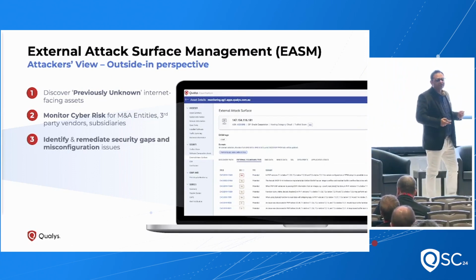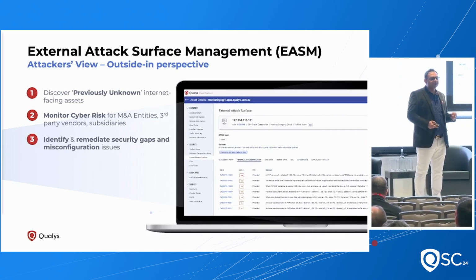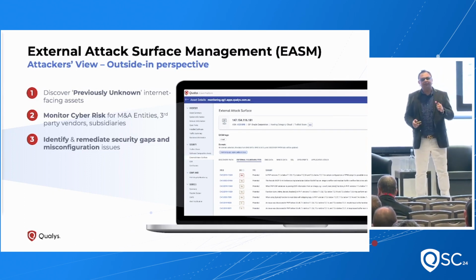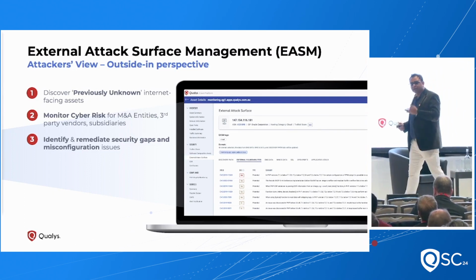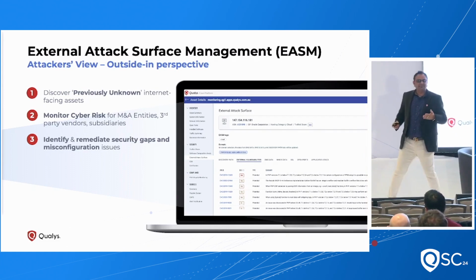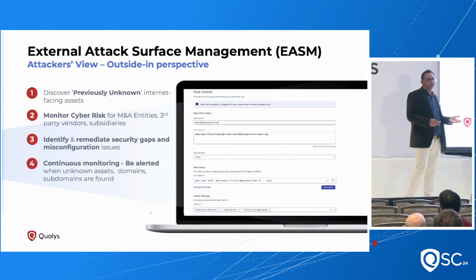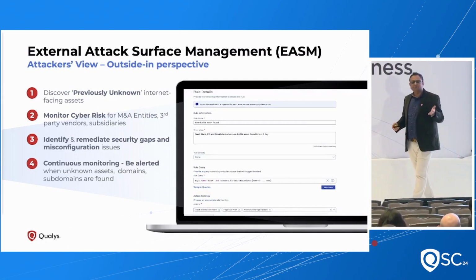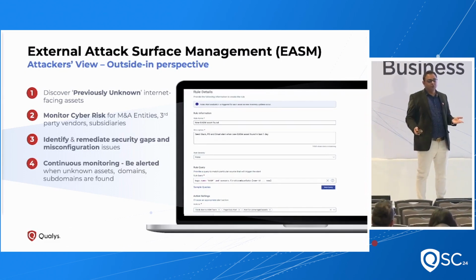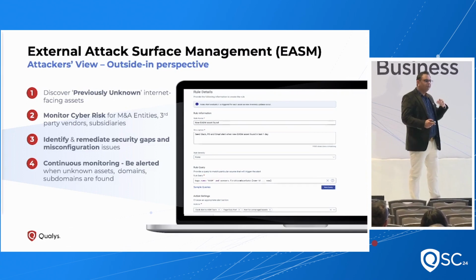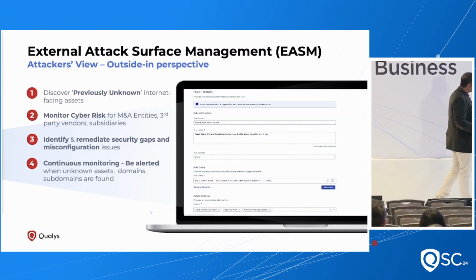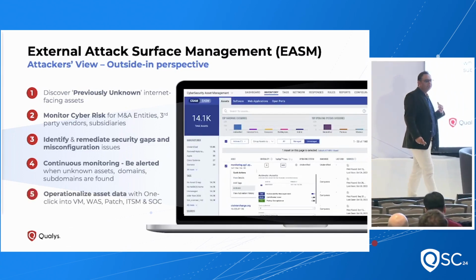On average, we have seen that for organizations who run this external attack surface monitoring, we find up to 30% unknown assets that came through either a merger or acquisition, or through the subsidiaries, or the engineering team had exposed something on the internet that they did not know, right? Now, once we find these assets, then we find some of the security gaps.